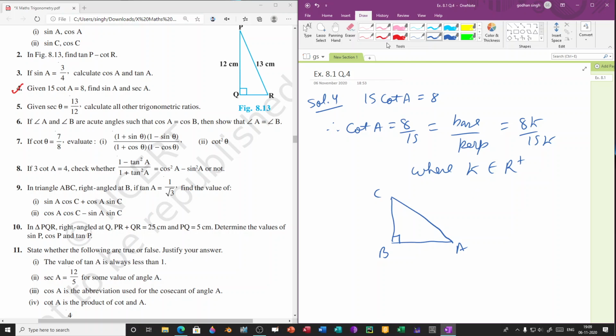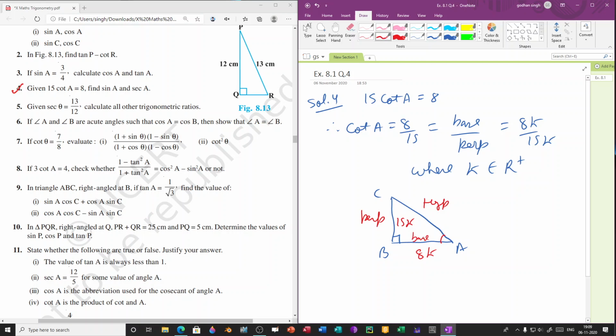Because we have to take angle A under consideration, other than the hypotenuse, the side which we are having is known as base. So in our case, base is 8k. This is the base, this is the hypotenuse, and this is the perpendicular. And what is the perpendicular? 15k. So this is 15k.